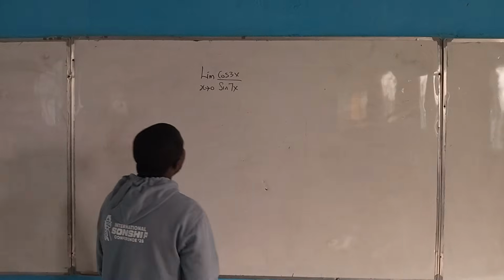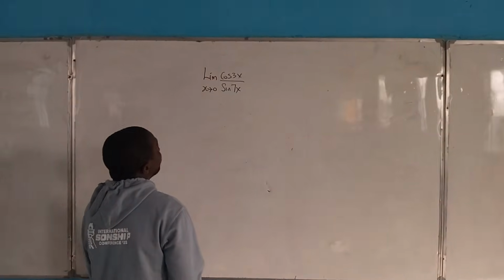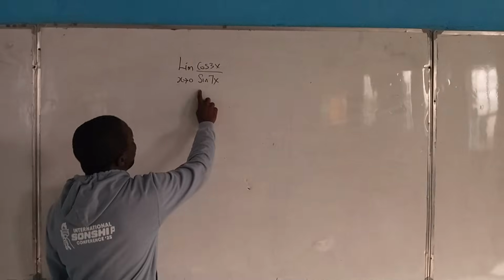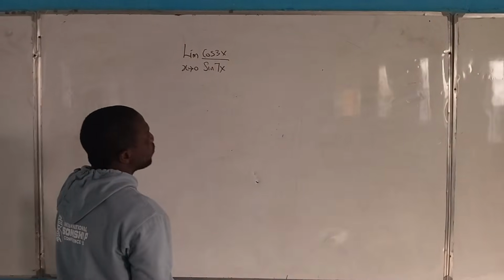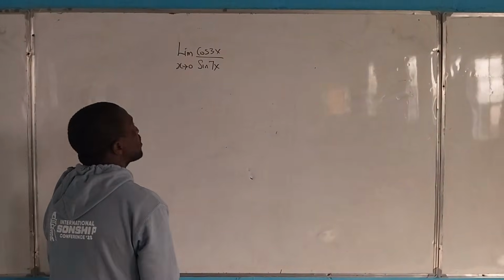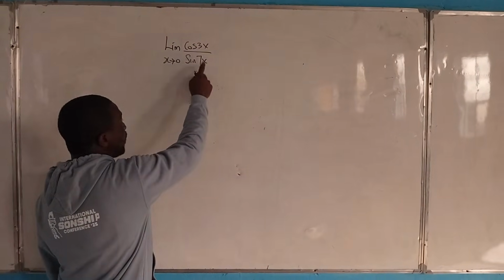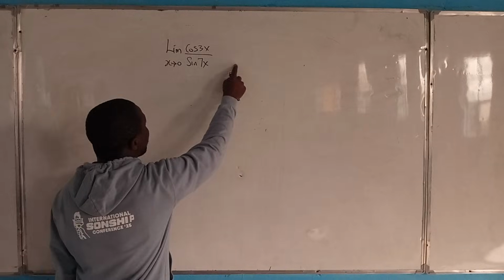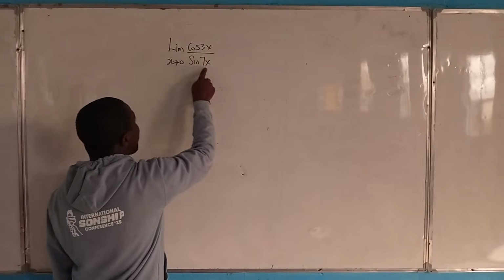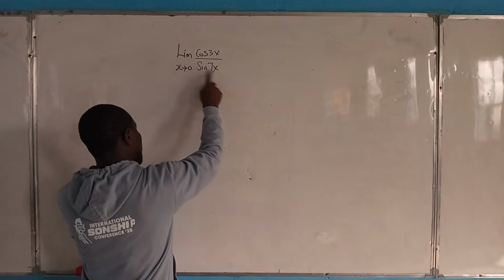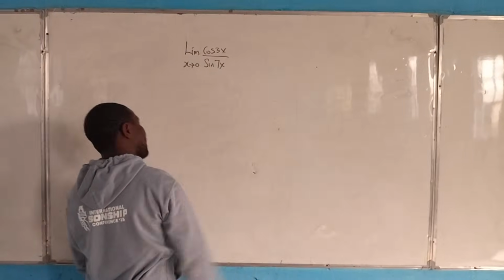I have this based on the limit of cos 3x over sin 7x as x tends to 0. In this case, if we substitute x equals 0 in the denominator, you are going to get sin 0, that is 7 times 0 will give me 0. Then sin 0 will give me 0 at the denominator level.